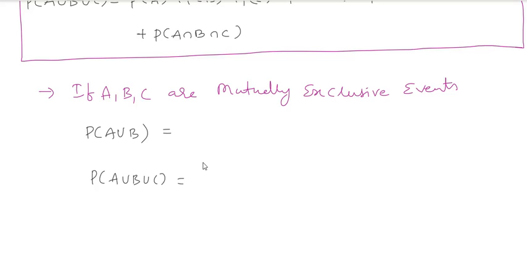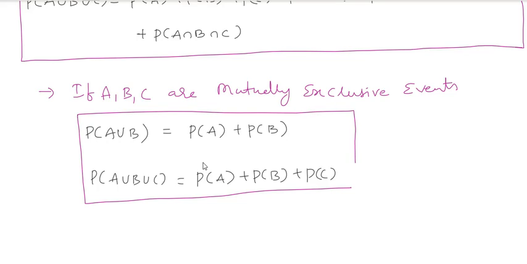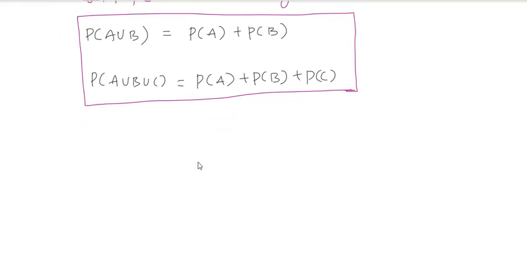Since there is no intersection part, it is probability of A plus probability of B, and then probability of A plus probability of B plus probability of C. So if A, B, C are mutually exclusive events, there are no intersection points, and you have to apply the conditions in such a way. Clear now? So that is the part on mutually exclusive events.